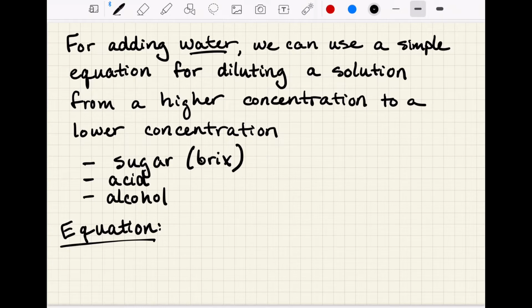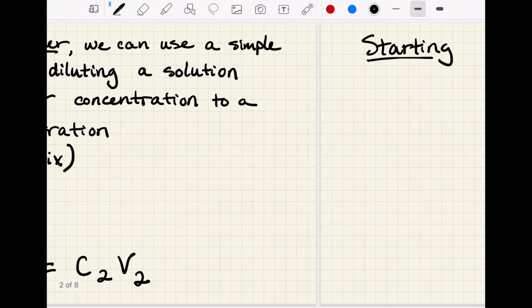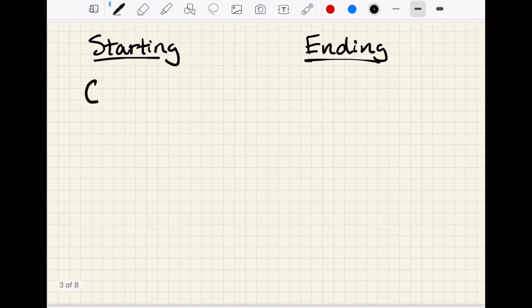dilute. So the equation that we're going to use moving forward looks like C1V1 equals C2V2. So really simple, but let's take a closer look at what that actually means. C1V1 describes our starting conditions, and C2V2 describes our ending conditions. They're set equal to each other. And C stands for concentration, while V stands for volume.